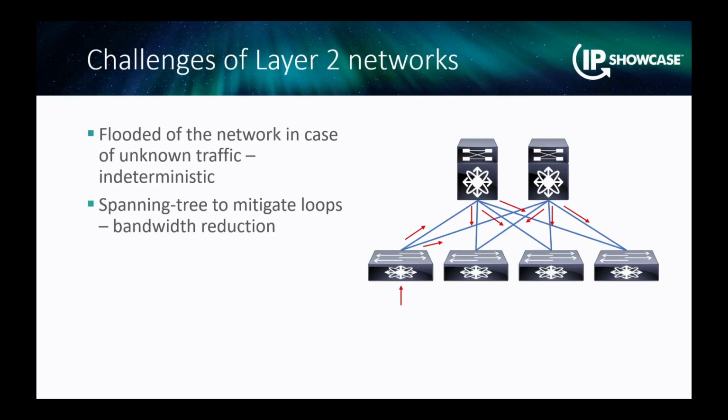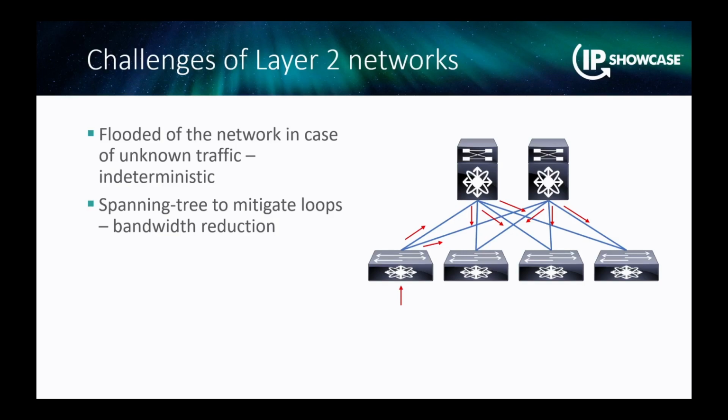The other thing is when you create an IP network, you need to take care of loops. You cannot have loops in your network, as they can bring the whole network down by sending a lot of traffic or simply overwhelming the network devices so they come down. So you want to avoid that at all costs.